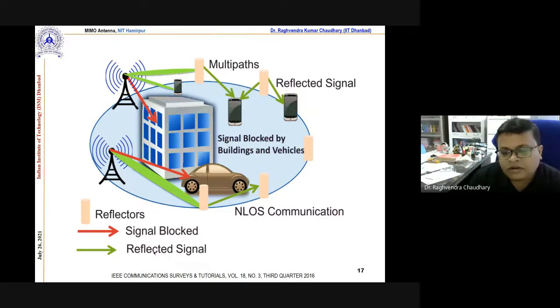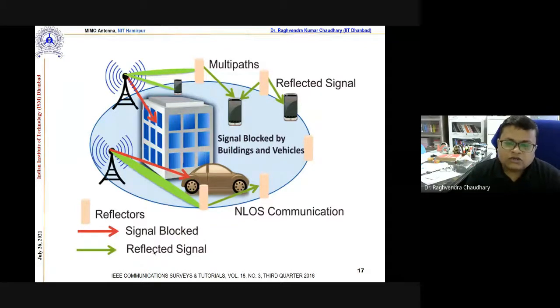If I recall 2G and 3G, the line of sight is very important. But if we somehow provide diversity, maybe frequency, space-time, or antenna diversity, we may handle this loss of signals.